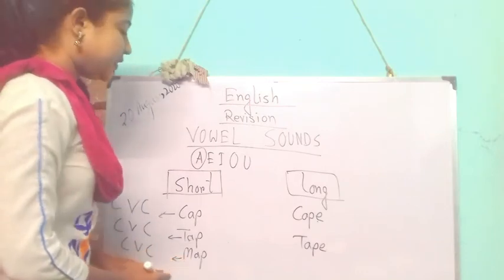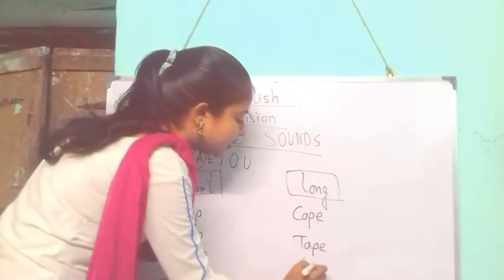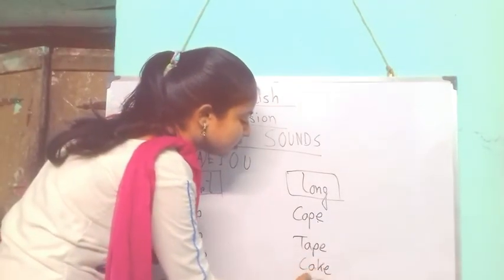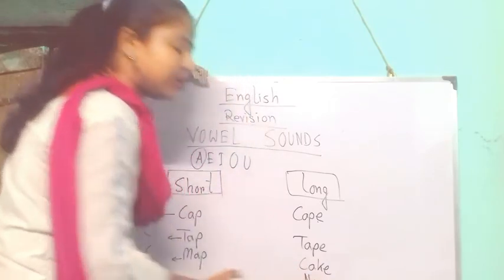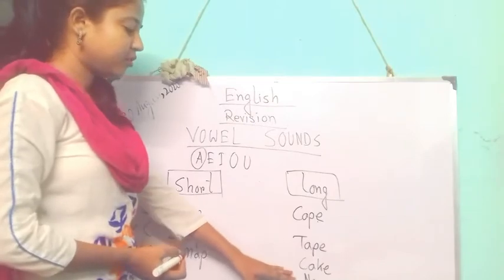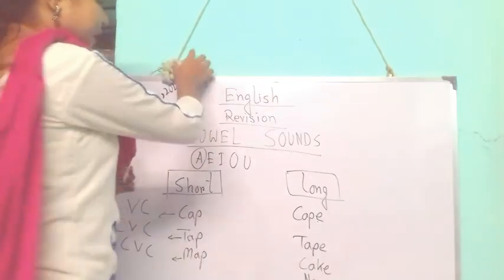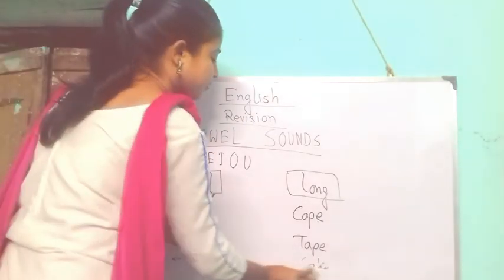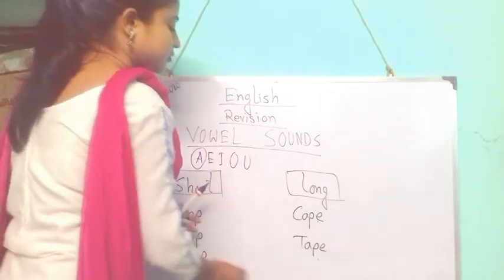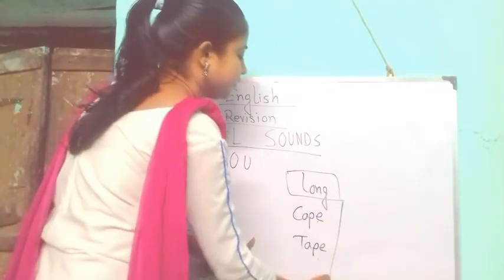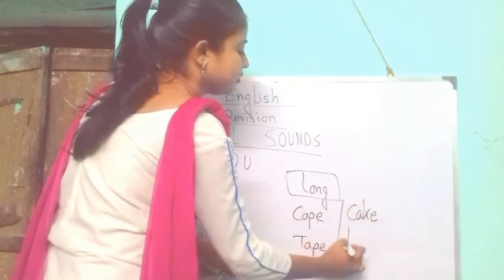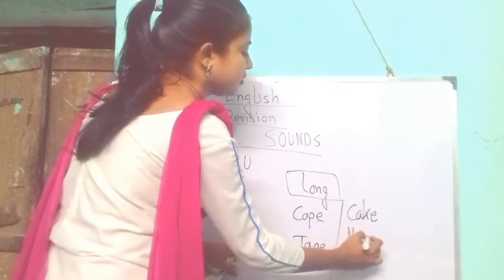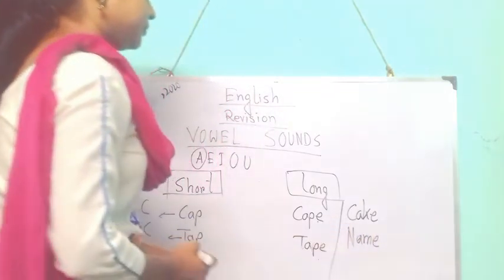Okay? Here you learn cake, name. You learn these words in your book? Okay, let me just write down this little up here. Cake. Name.